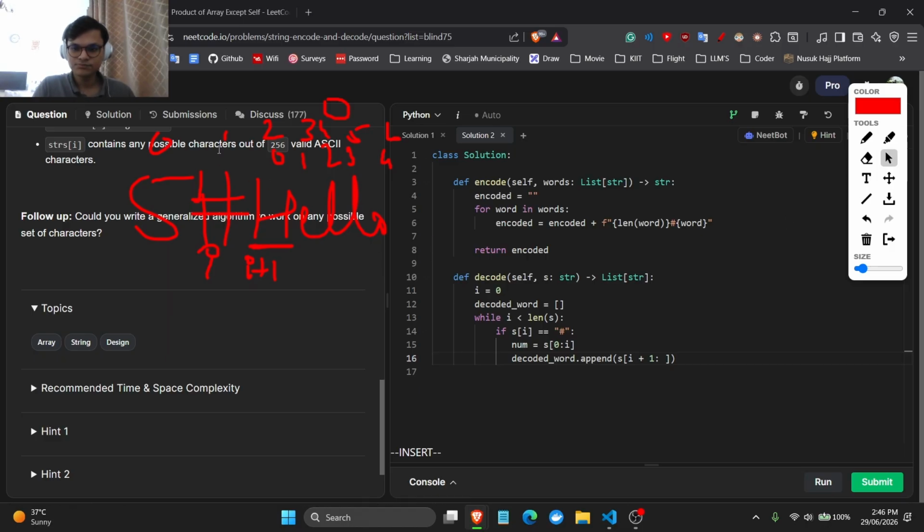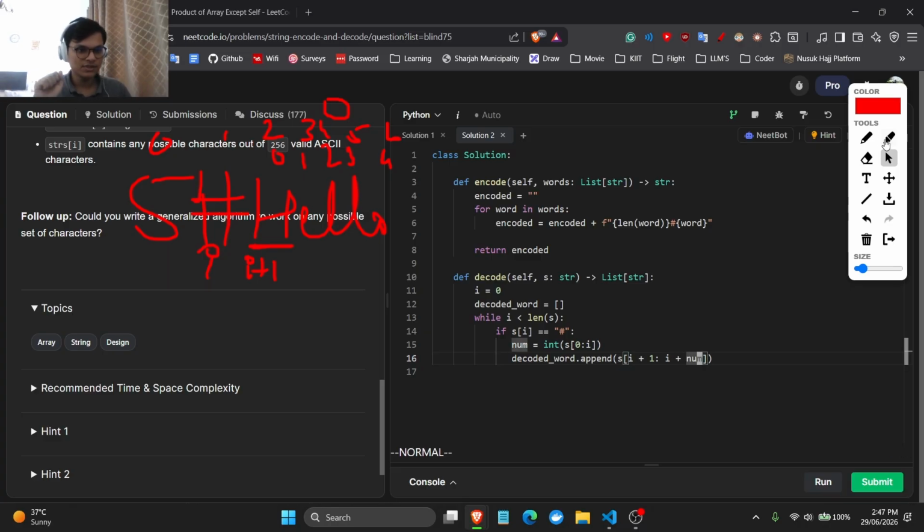Right, because we want to start from I plus 1, and we have the number. And I think we can do this as int, right? And so we're going to do from I plus 1 to, I think, I plus num.